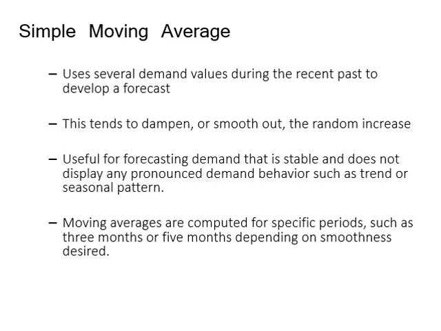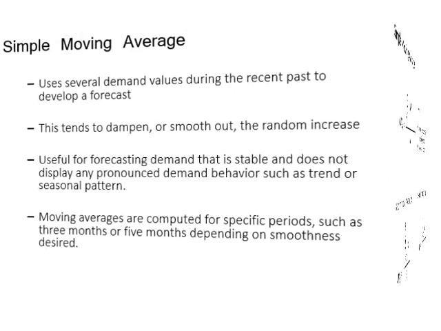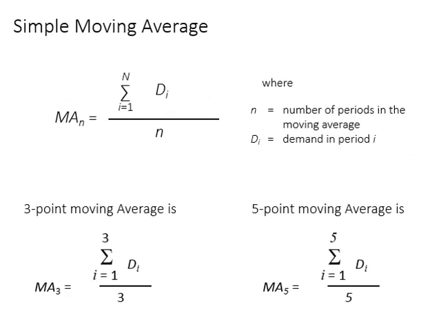Depending on the smoothness desired. The formula for computing the simple average is shown here. It is the summation of demand from the i-th period to the n-th period, divided by the number of periods considered. In the 3-point moving average, the past 3 months' data are considered for computing the moving average. In the 5-point moving average, the past 5 months' data are considered.